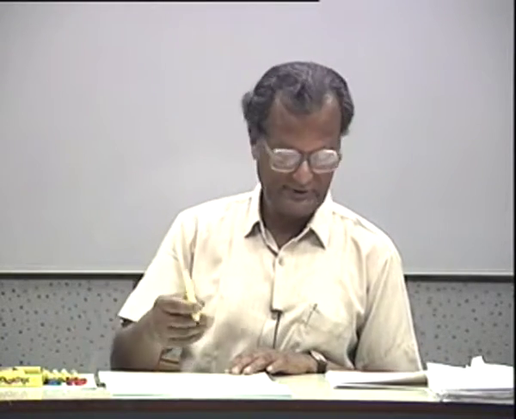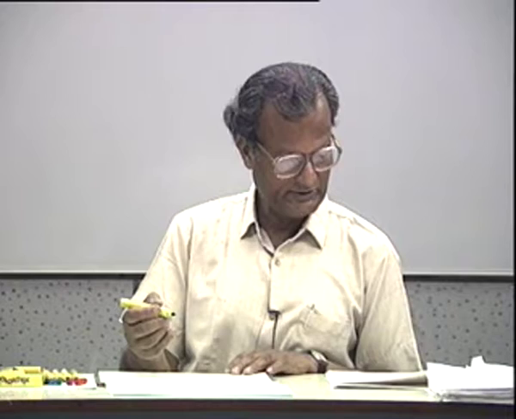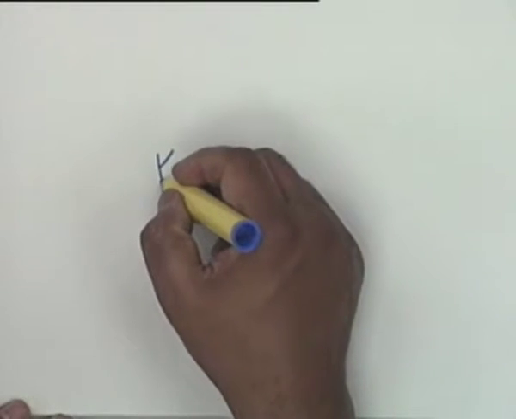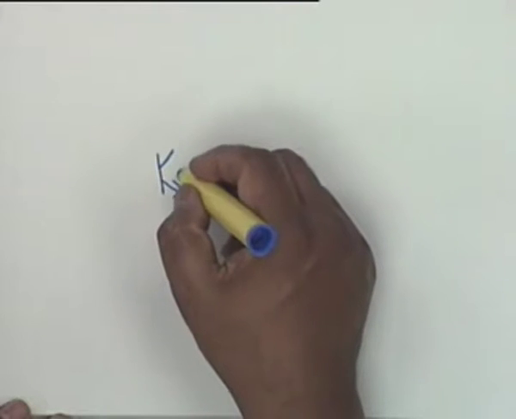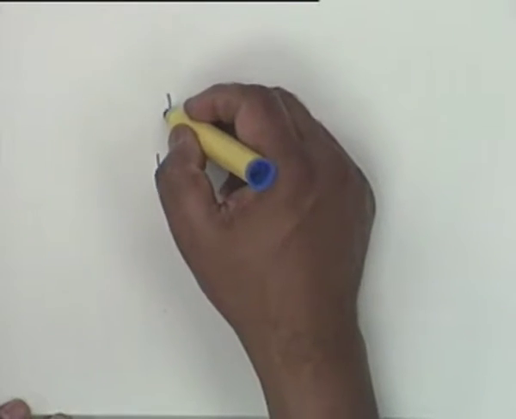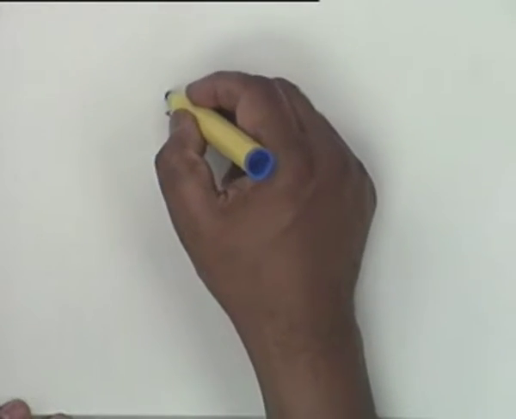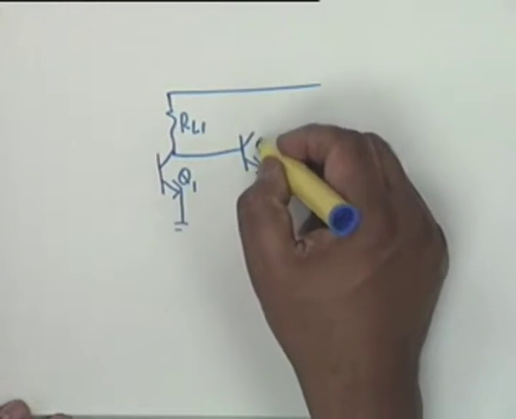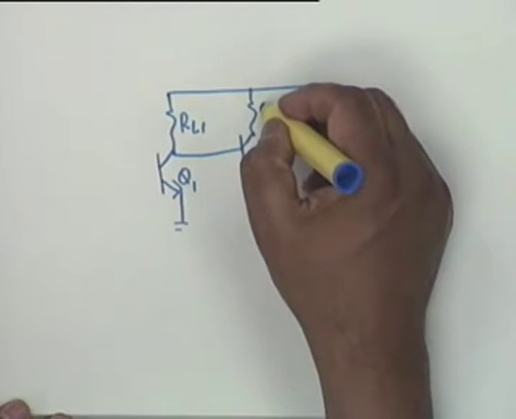The second circuit, which we had also briefly drawn the other day, is a shunt series. Shunt series is simply the dual of the series shunt. The circuit is like this: RL1, this goes to the next stage, Q2 RL2.